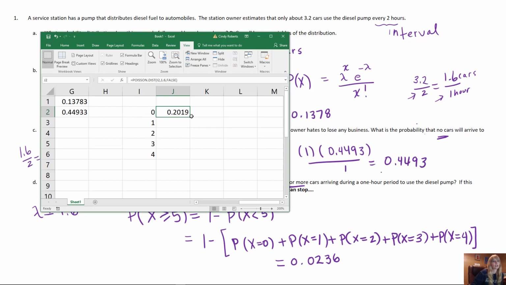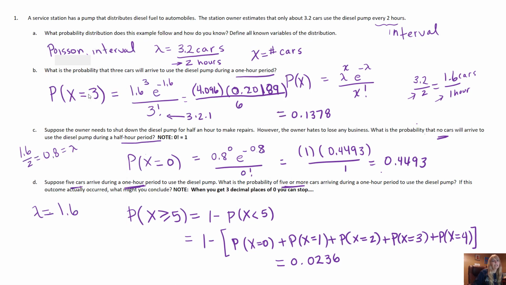But remember the mean changed. Copy that down. Do 1 minus the sum of those values. Bam! There you go. See? So Excel's cool to do it very quickly, but you need to know how to do it manually. So punch all them buttons in your calculator and see if you get the same answers that I get.